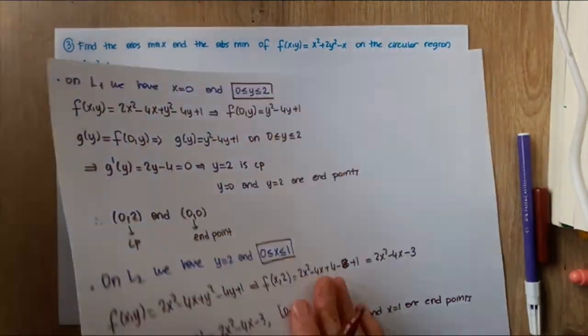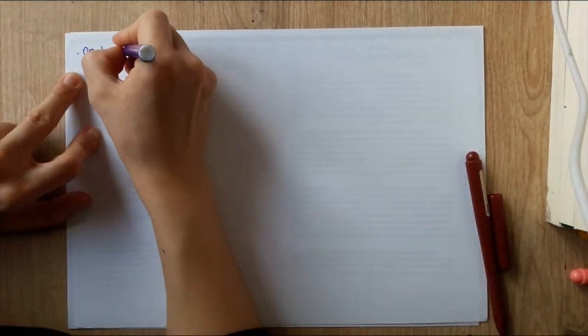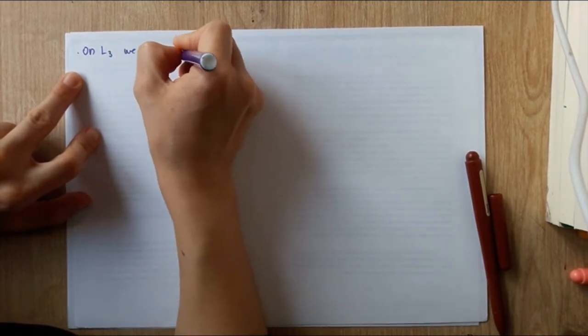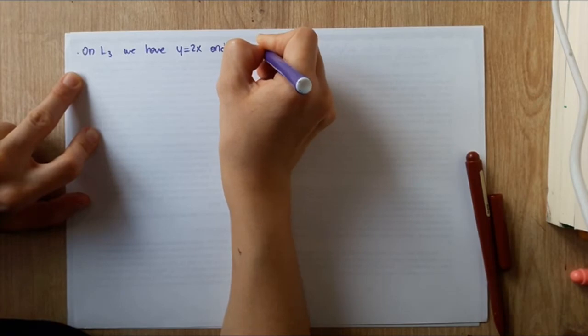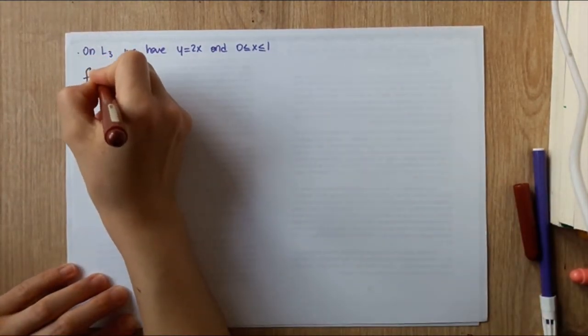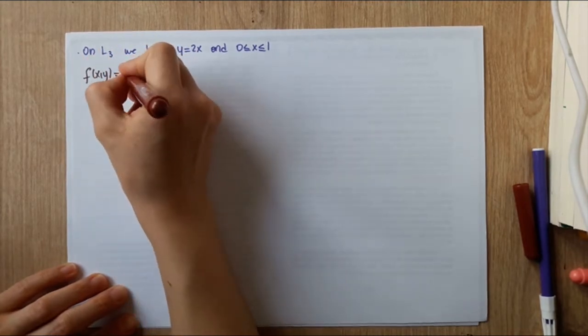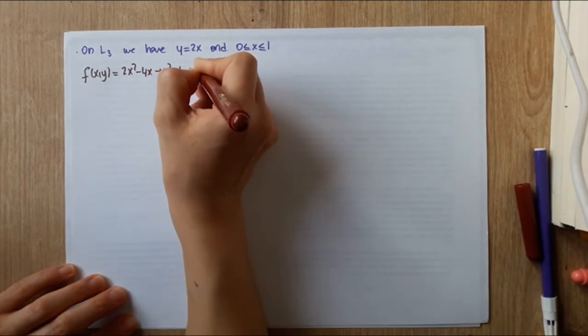And then we have the final boundary, which is L3. We have y is 2x and x is between 0 and 1. Okay, so I have f of x, y equals 2x squared minus 4x plus y squared minus 4y plus 1.